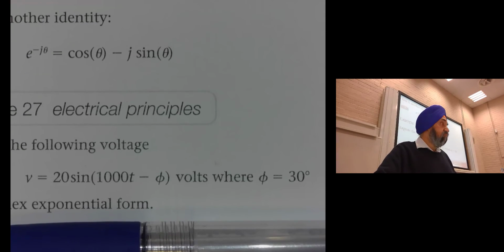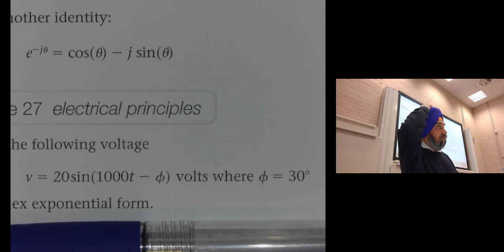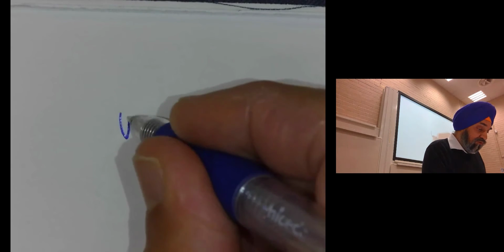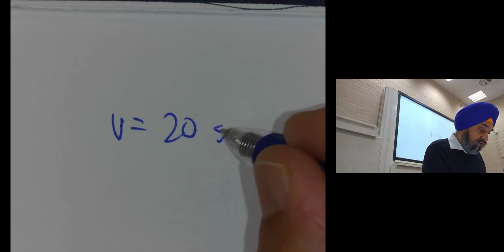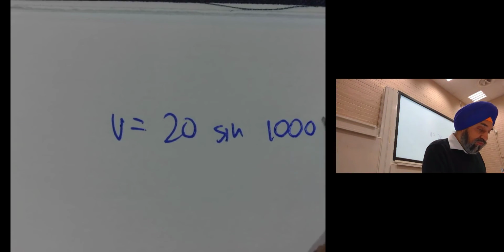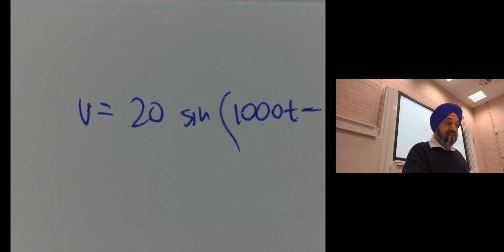How would you go about doing this? I want to write this in complex exponential form. So, what's the number? The voltage V is 20 times sine 1000t minus 30 degrees, that's what it says.